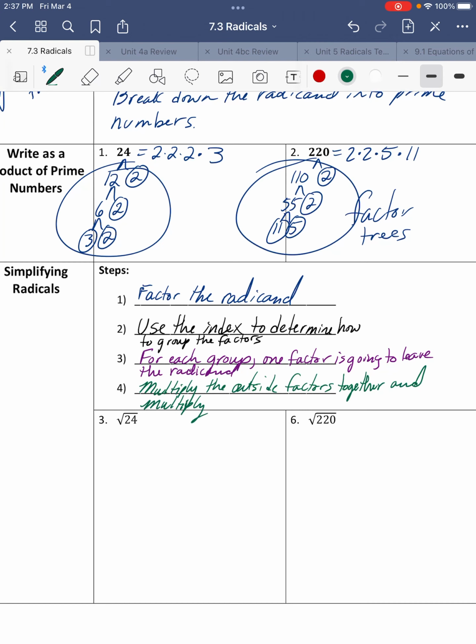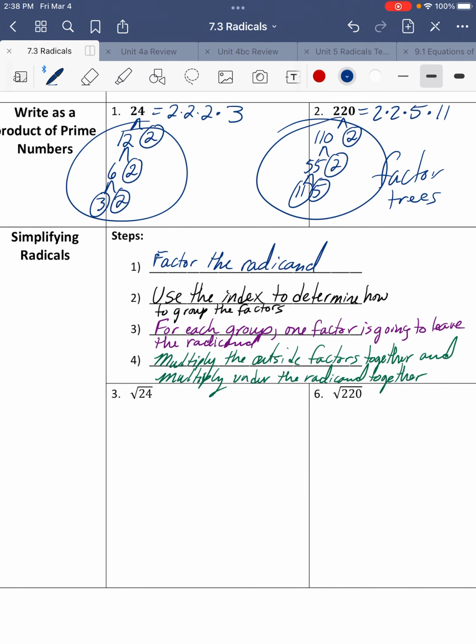So outside times outside, inside times inside. Inside, or under the radical, the radicand, together. So, all right, step one, I'm going to try to color code this so we can keep it straight.